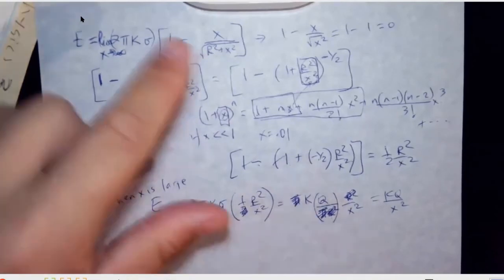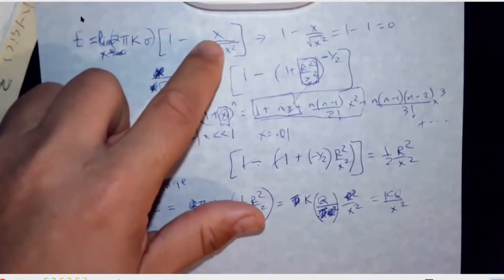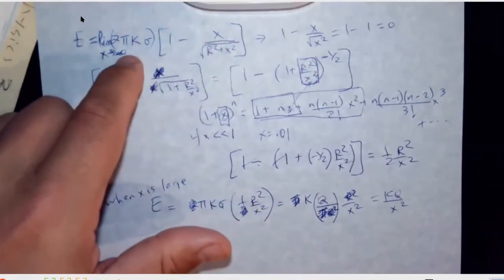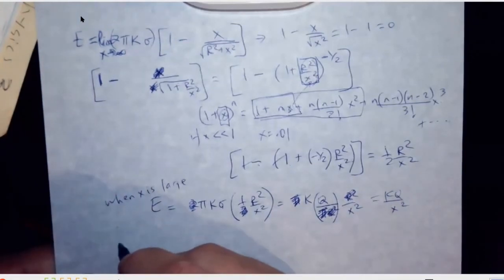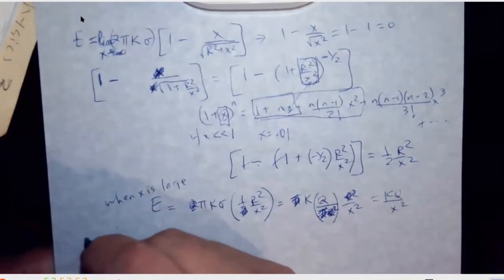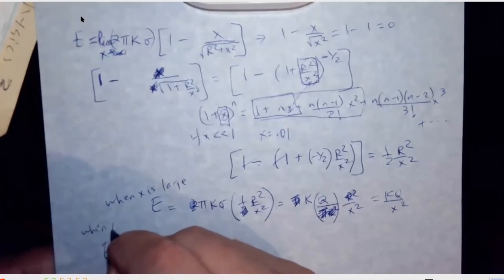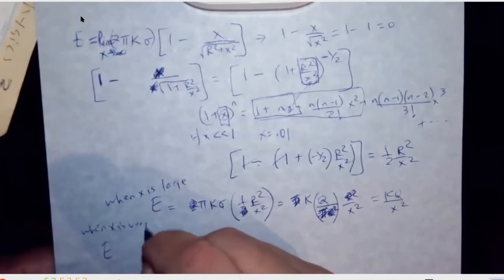Now I can take the limit of this as x goes to very small numbers. So now E for when x is very small.